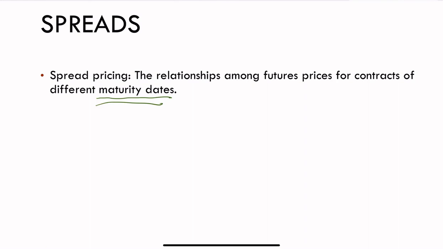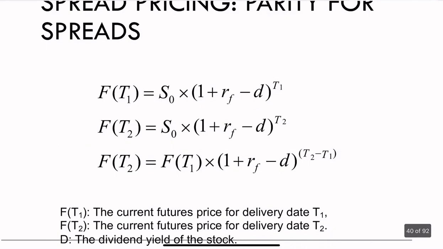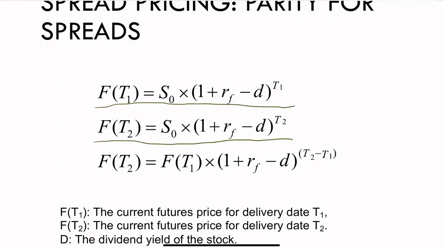So the spread pricing is actually very simple. It's basically based on this spot futures parity theorem. So let's see how this works. You will see that this is very, very simple. Let's say we have two futures. They have different delivery dates. One is T1, one is T2. Now, according to our spot futures parity theorem, we could price these two contracts, and then based on this, it's very easy for you to get this pricing formula.